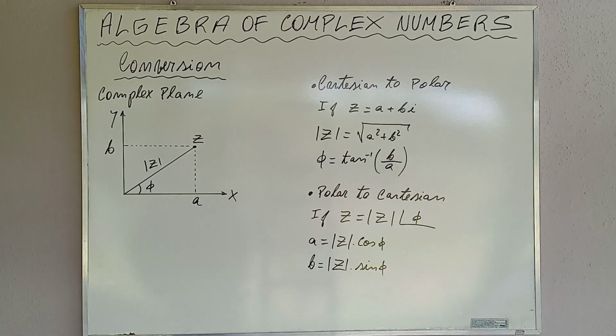The conversion from polar to Cartesian. If z is equal to the magnitude of z at angle phi, a is equal to the magnitude of z times the cosine of phi, and b is the magnitude of z times the sine of phi.